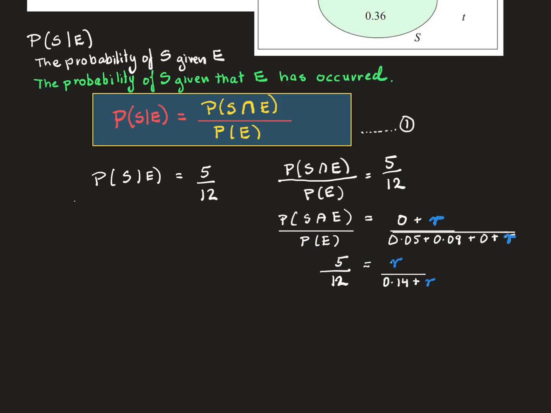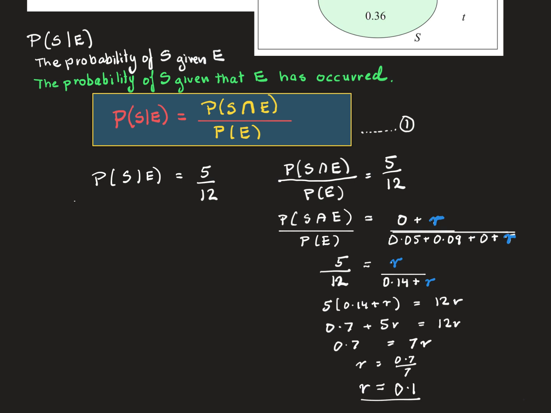To find R, we'll just cross multiply. So we're going to have 5 multiplied by 0.14 plus R is equal to 12R. By working it out through, I get that R is equal to 0.1.